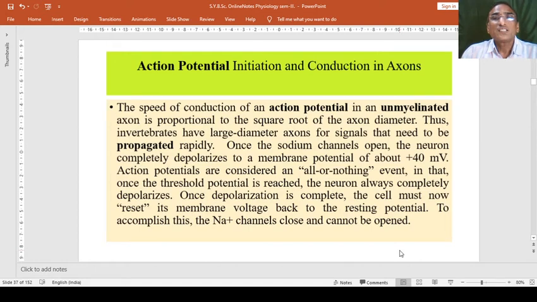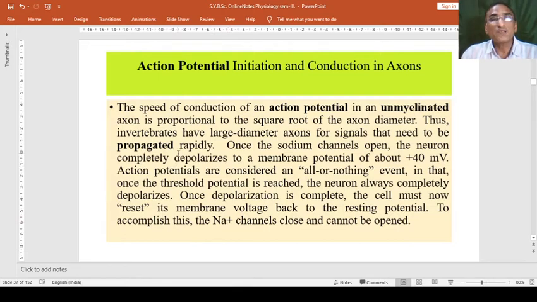Now, the initiation and conduction in axons. We have seen the origin, then the axon hillock, then the movement of sodium and potassium, and the resting membrane potential lowering. In between these, the conduction of messages or signals in axons is to be studied in both unmyelinated and myelinated axons.